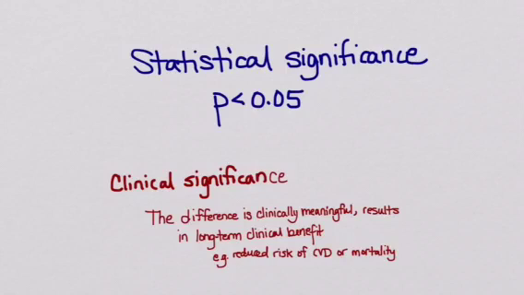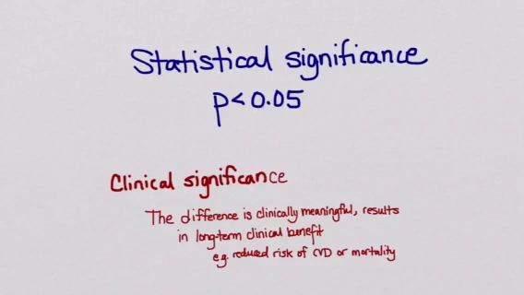So usually when we power a study, in other words, when we decide how many people are going to be in the study, we base that, as you saw before, on an effect size that you're anticipating. And so usually we want that effect size to be clinically significant. So we would never say, okay, we're going to include 1,000 people to see a difference of 1 pound. We don't care about a difference of 1 pound because it's not clinically significant.